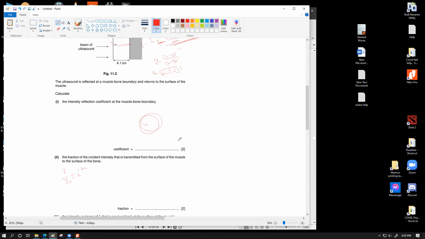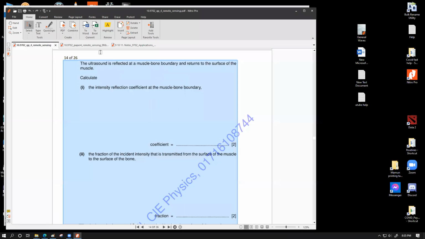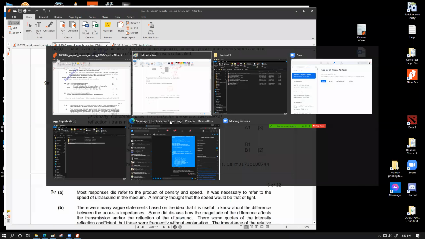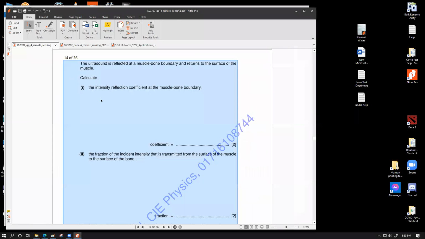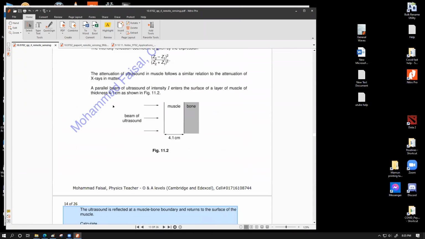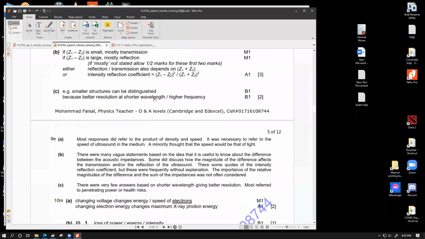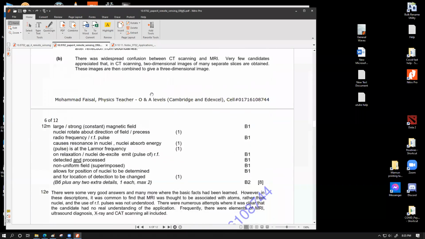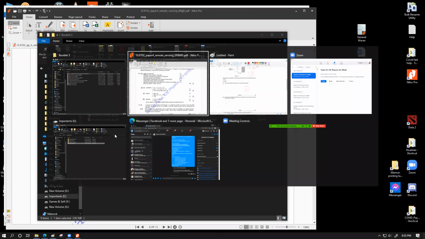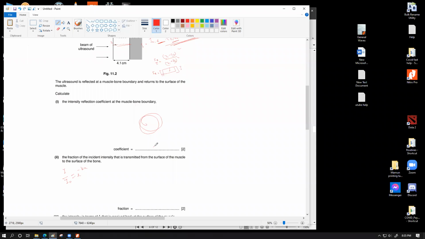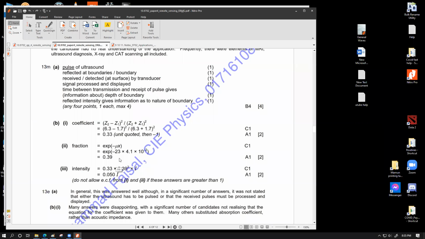You can find this out. এই দুটার ভ্যালু আমি মার্কস্কিন থেকে কপি মারতেছি because I really don't want to calculate them. কত নম্বর কোশ্চেন ছিল এটা? This was question number 13B. এটা হচ্ছে 0.33, এটা হচ্ছে 0.39.